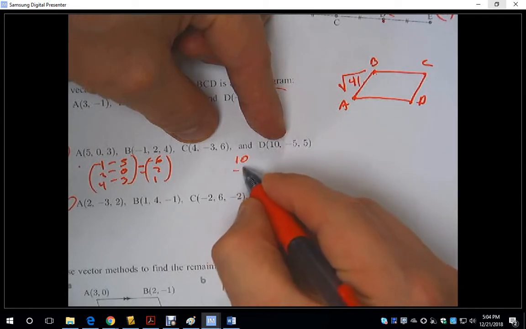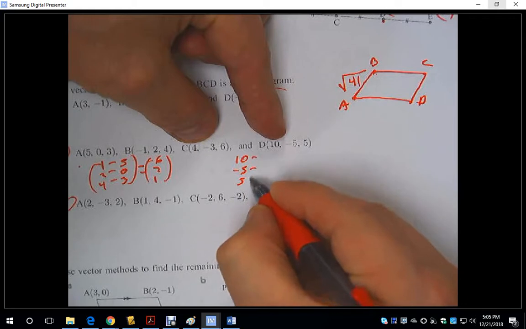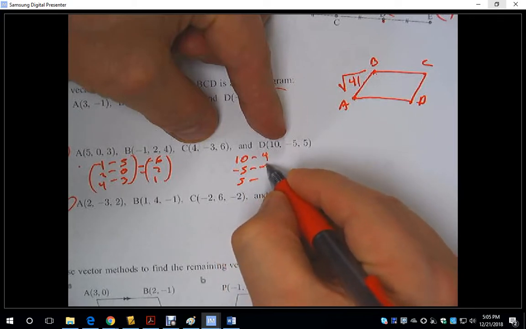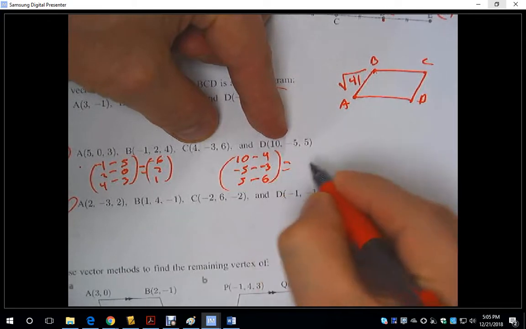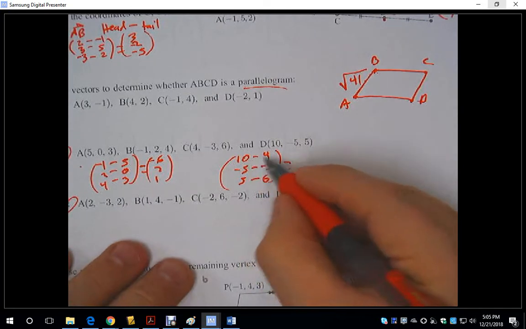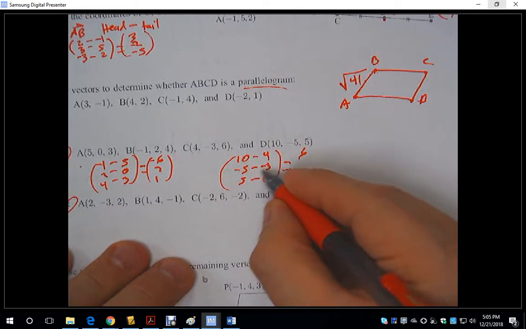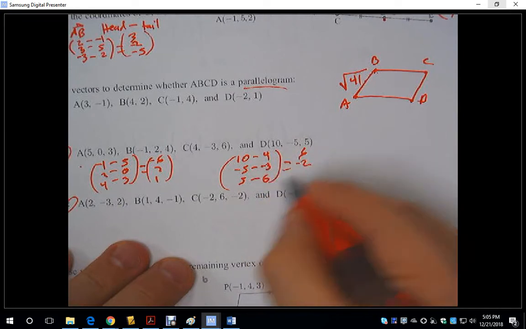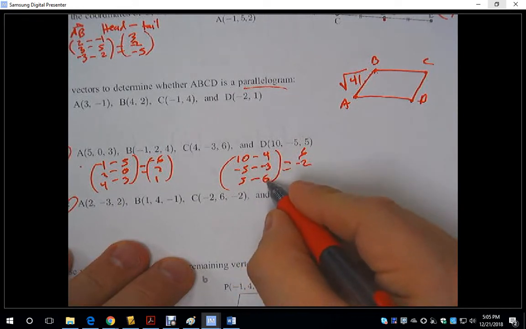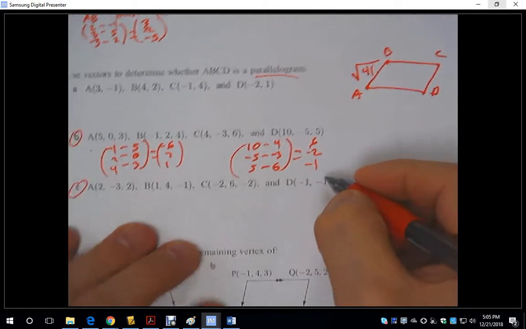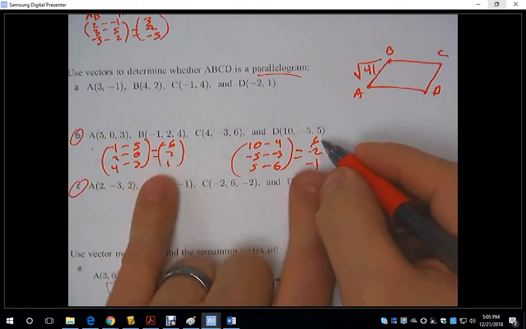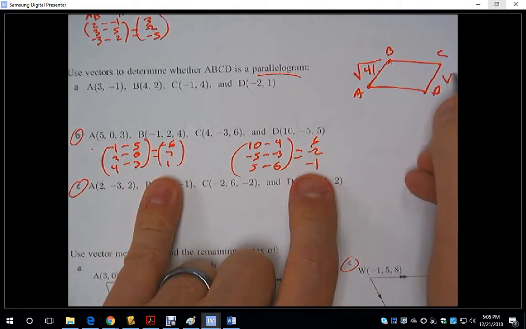So 10 minus 5, 5. We're going to subtract 4, -3, 6. That gives me 10 minus 4, which is 6. -5 minus -3 gives us a +3, so -2. And then 5 minus 6 is going to give us -1. Well, I can see already that if I find the magnitude of these, I'm also going to get the square root of 41.